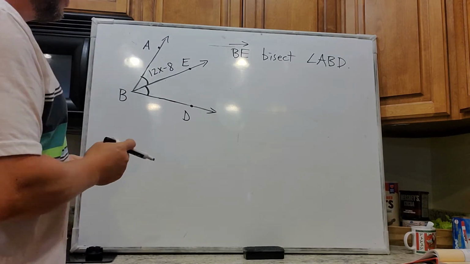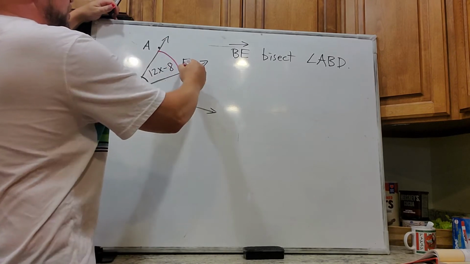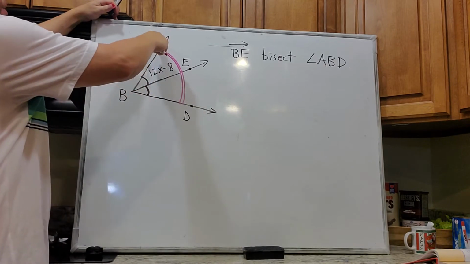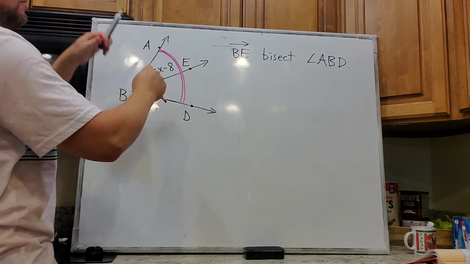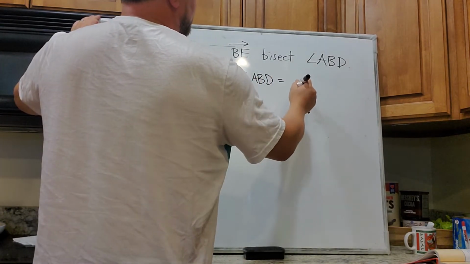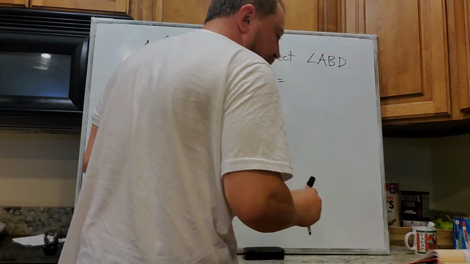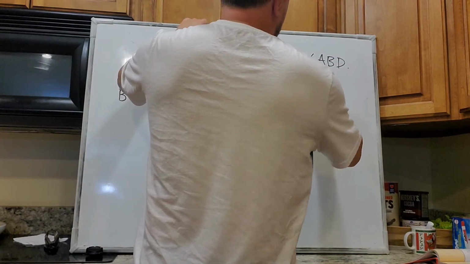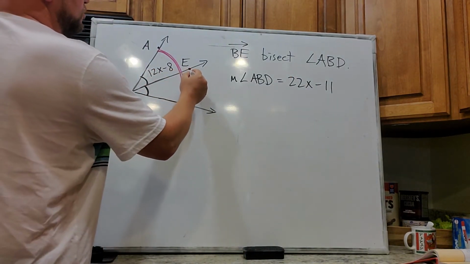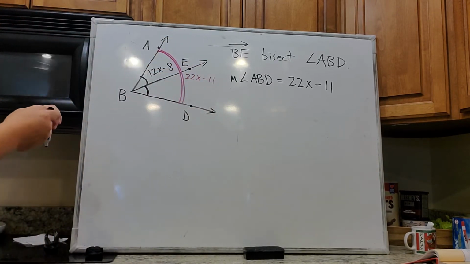And then, instead of giving you the other half down here, what if I told you the entire measurement all the way across there for angle ABD? So the measure of angle ABD is going to be 22x minus 11, for that entire stretch across there.